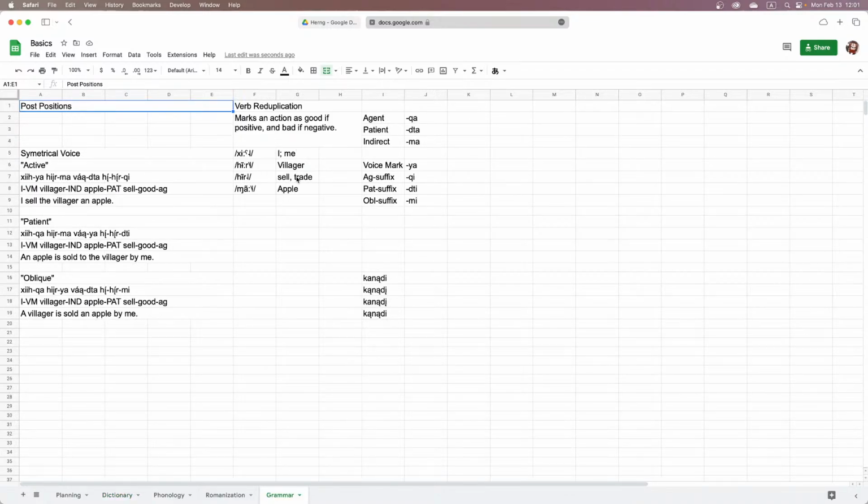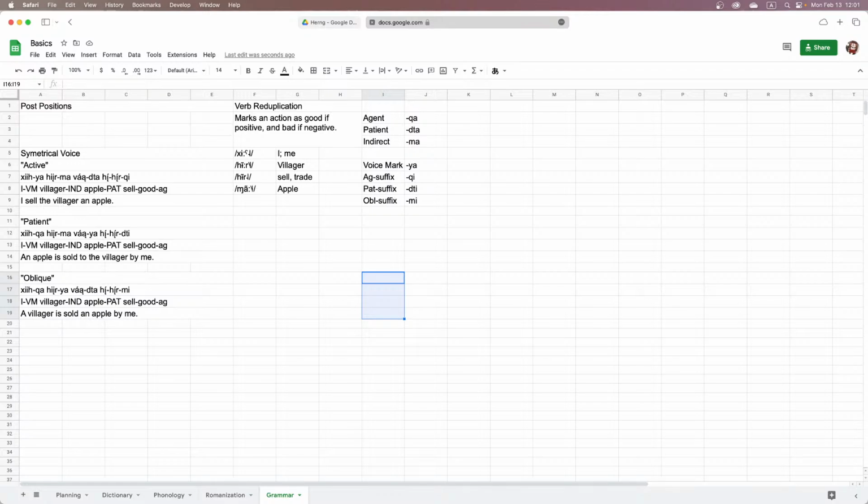So, today we are doing grammar. Where we left off, I switched from SVO to SOV, as I believe that is a much better system if we're having postpositions.